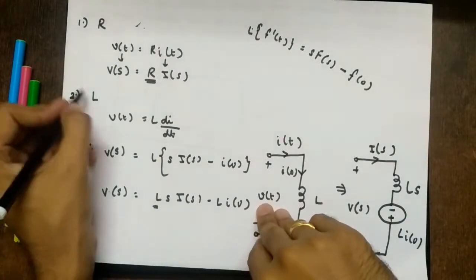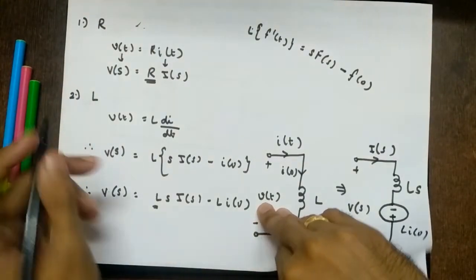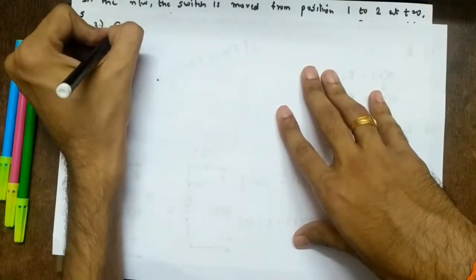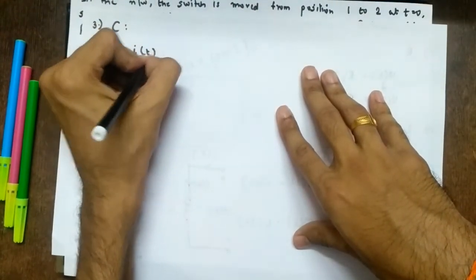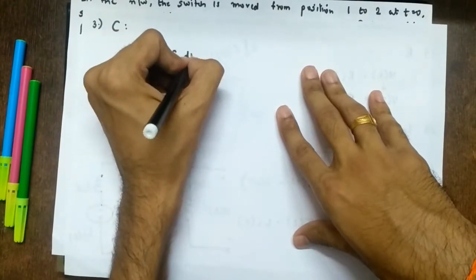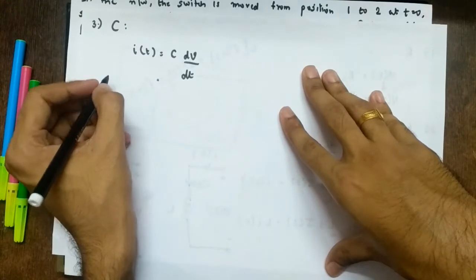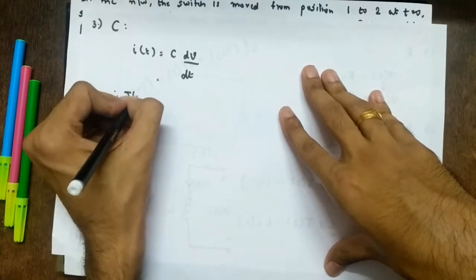Similarly, we can do this for a capacitor. So let's do it for the capacitor. What is the equation for capacitor? I of t is C dV by dt, right? So what will be I of s?